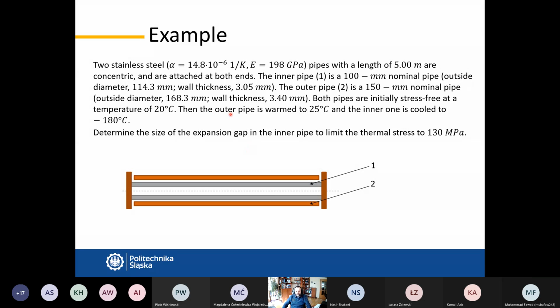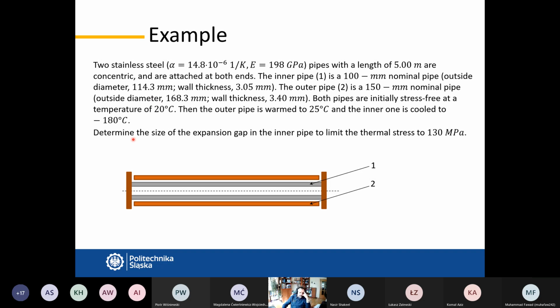And then the outer pipe is warmed to 25 degrees Celsius, so only by 5 degrees. And the inner is cooled to minus 180 degrees Celsius. So let's say it's a cryogenic system. We transfer cryogenic fluid here. So it is cooled down by 200 degrees Celsius, or 200 K.